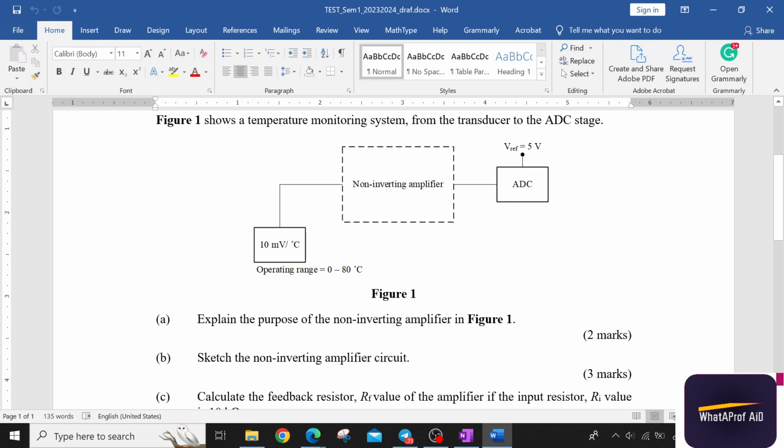The maximum value is 80 degrees Celsius. You multiply 80 by 0.01, and you get 0.8 volt. And then the V out is 5 volt, the reference voltage, which becomes the output of the amplifier. So we put that here as V out. Then we can proceed with the calculation to find RF. It's actually 52.